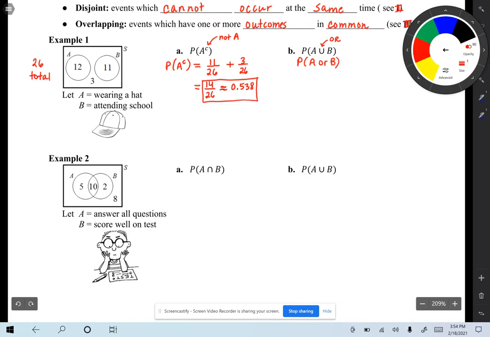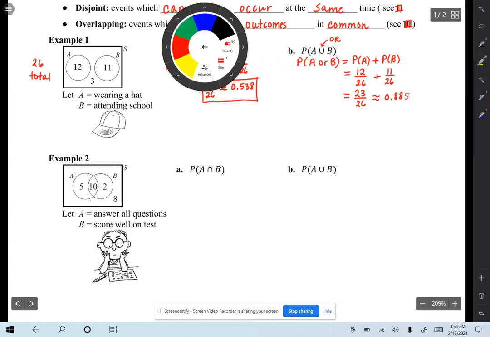So the probability of A or B would be the probability of A plus the probability of B. So that would be 12 out of 26 plus 11 out of 26, which is 23 out of 26. And you can leave it like that, or you can write it as a decimal. That would be 0.885. Most students never write it as a percent. Why do more than you have to? But that is 88.5%.